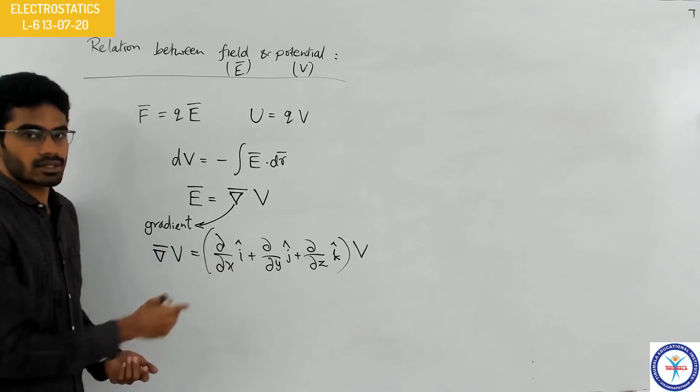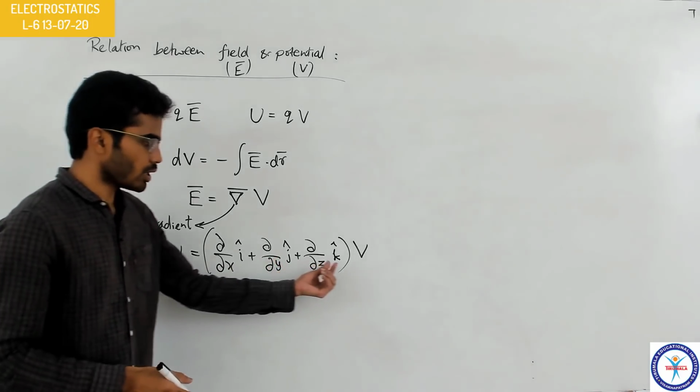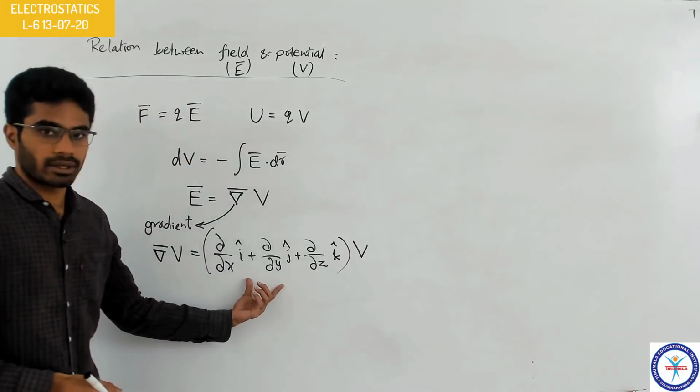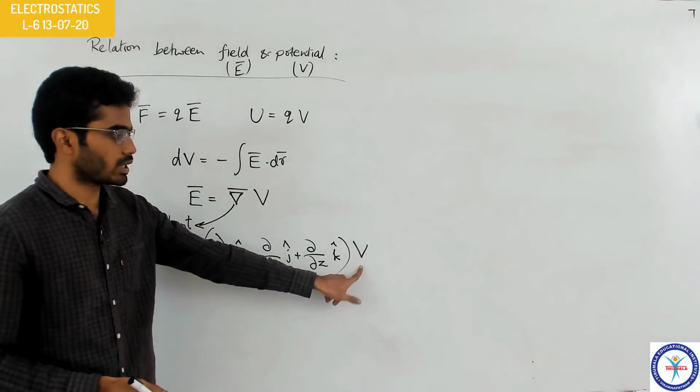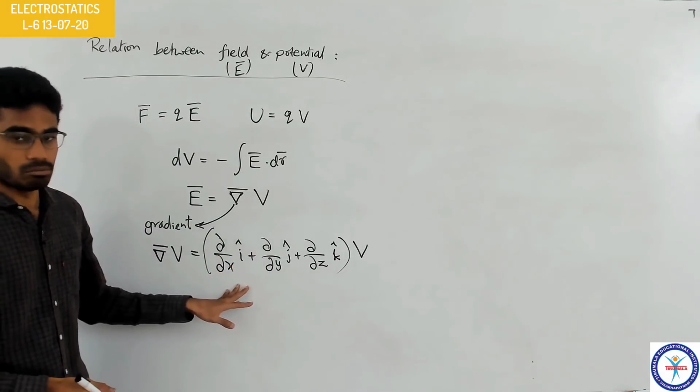That means we are now multiplying the scalar with an operator. It performs an operation in such a way that now it becomes a vector, right?